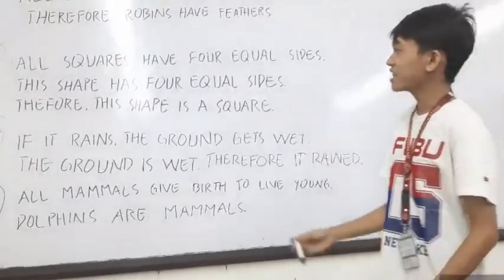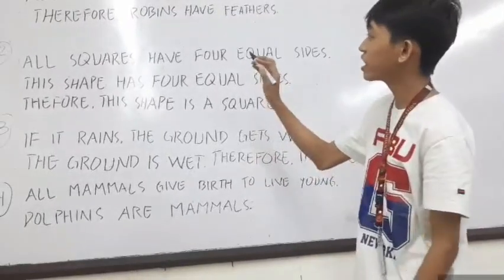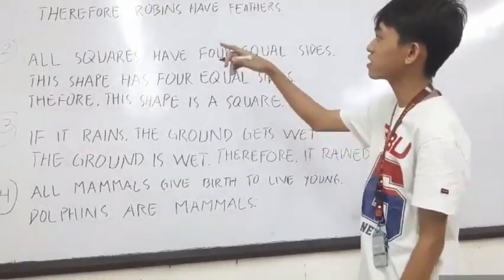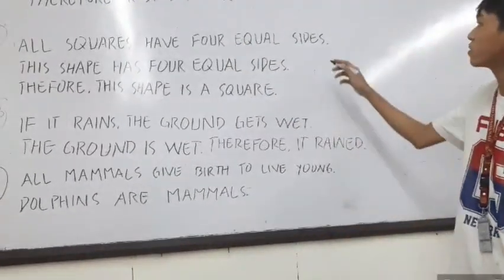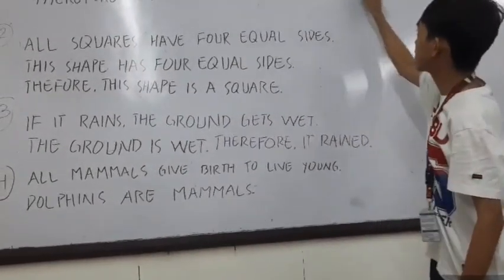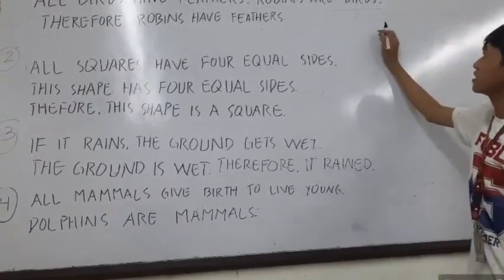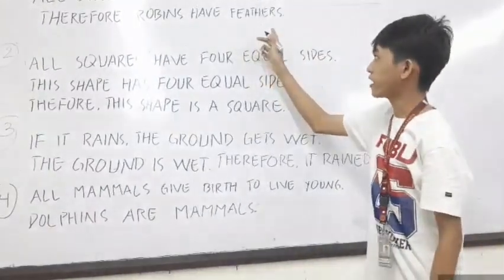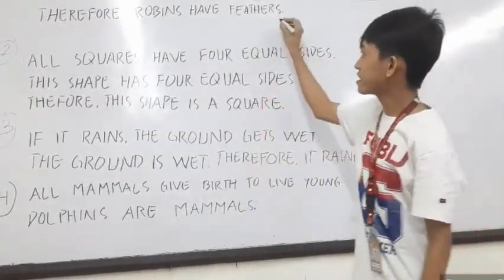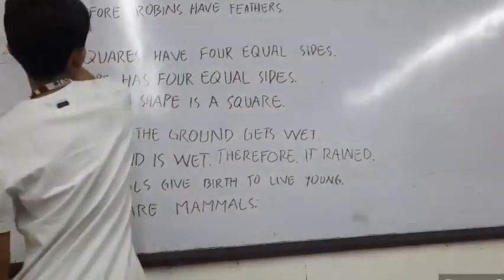It has a general premise, which is all birds have feathers, and a specific case, which is robins are birds. Therefore, robins have feathers, so this is a logical conclusion.